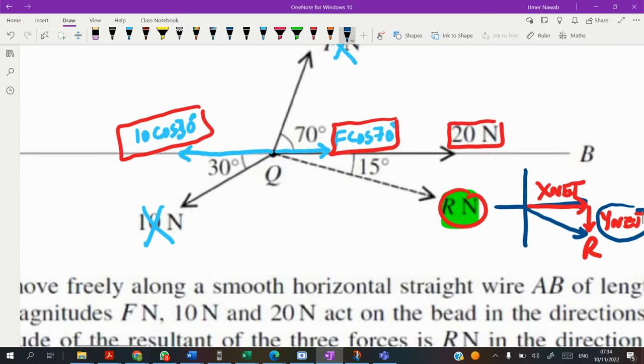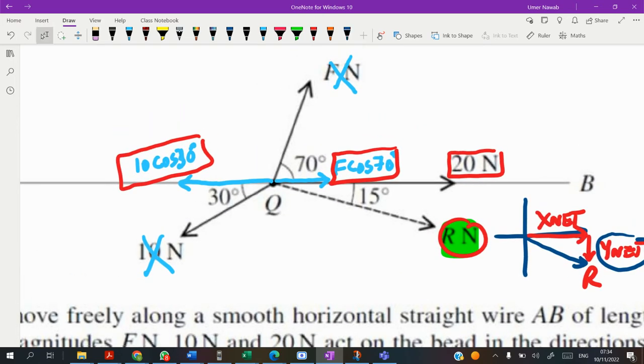Let's try to resolve the upward and downward forces. Now I will use a different color. So this force, which is F sine 70, is acting vertically upward. And this force, which is 10 sine 30 degrees, is acting vertically downward. Don't try to take the resultant's force among these forces. For y net, I need to write it.